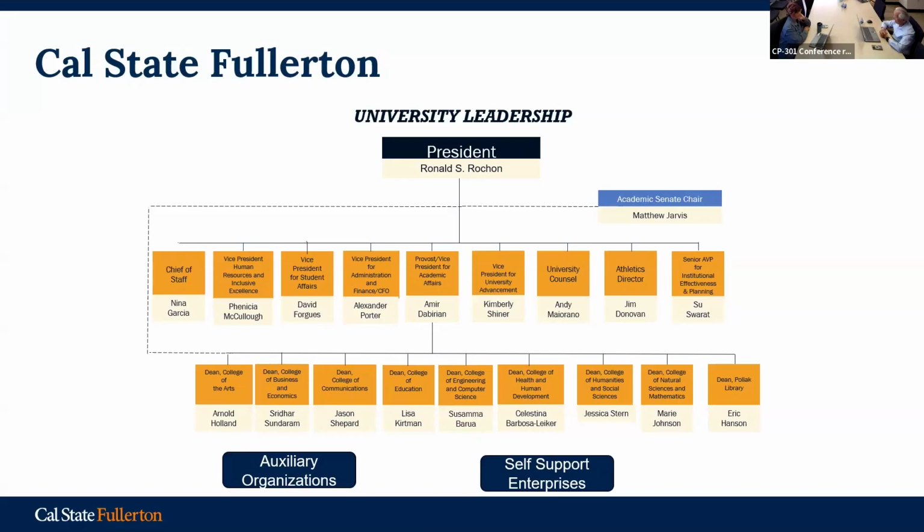We want students to participate in physical activities, and that's a very good thing to do. And then we have the Senior AVP for institutional effectiveness. That office is in charge of collecting all the historical data, and it provides an important function, especially in budgeting and planning.